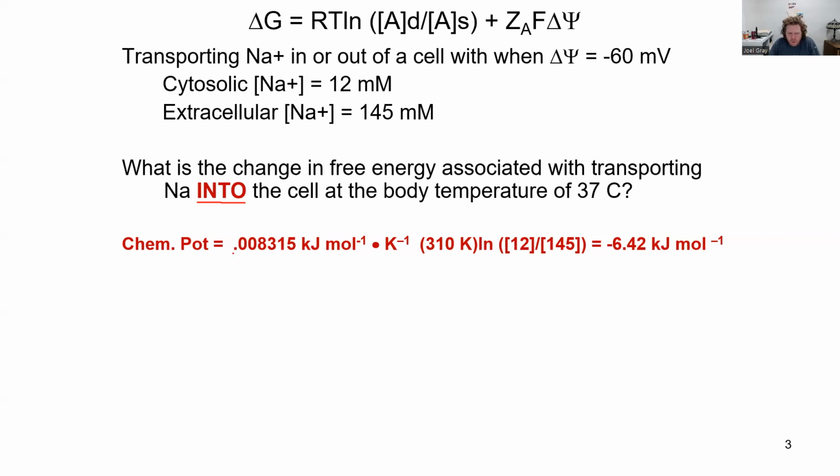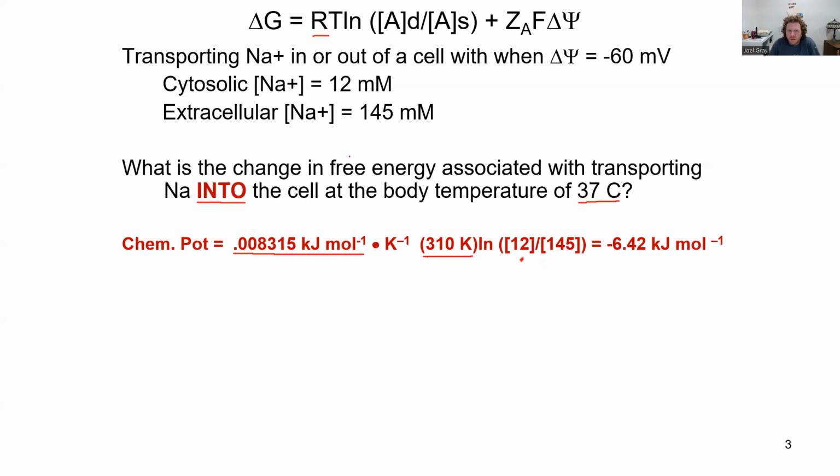Our chemical potential is R, 0.008315 kilojoules per mole, times our temperature. It's 37 degrees, so 310 Kelvin, times the natural log of our destination over our source.